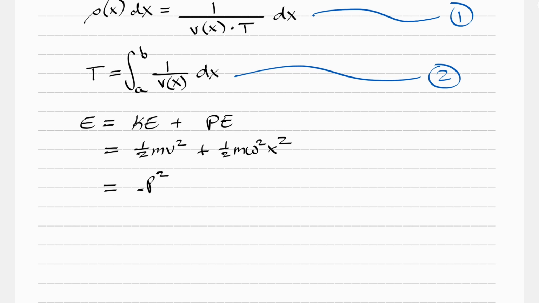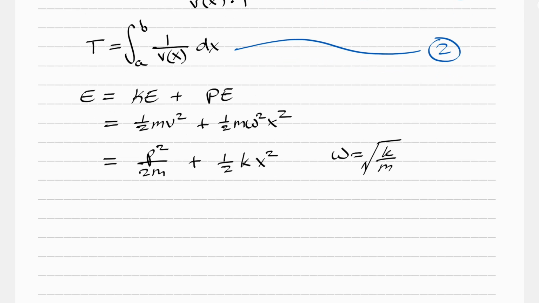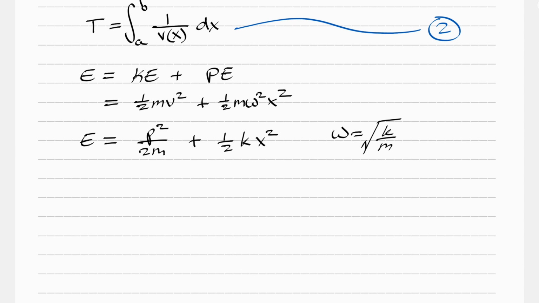So this is p squared over 2m, same exact thing, plus 1/2 k x squared, where of course omega is the square root of k over m. So you square omega, you get k over m, the m's cancel. Okay, so that's good. And this is still equal to E.